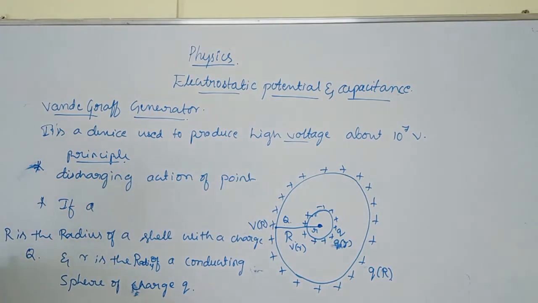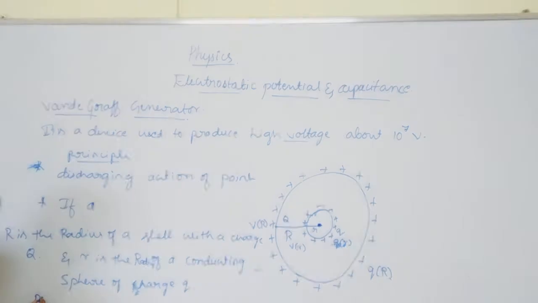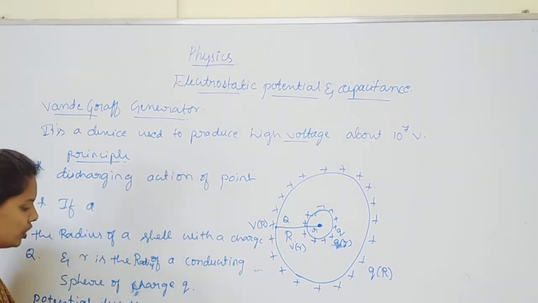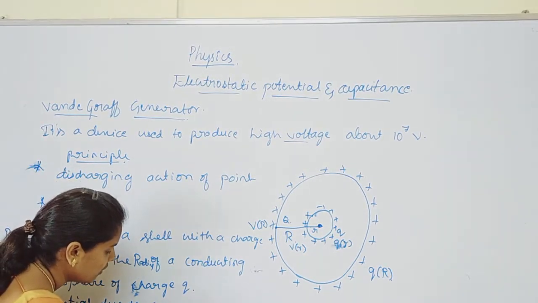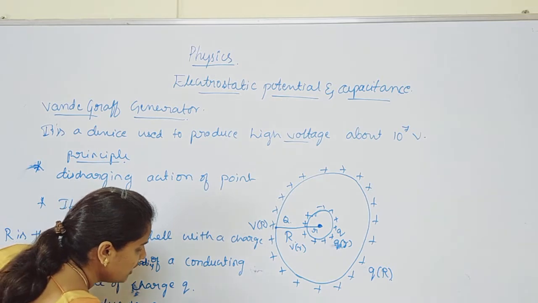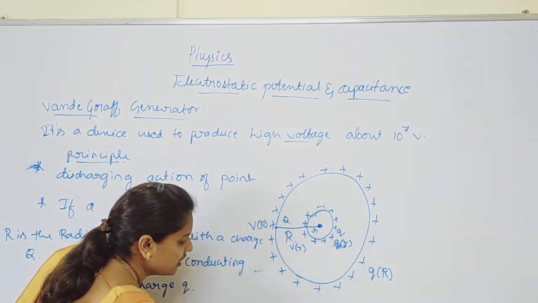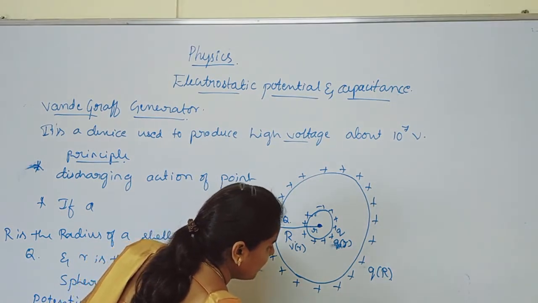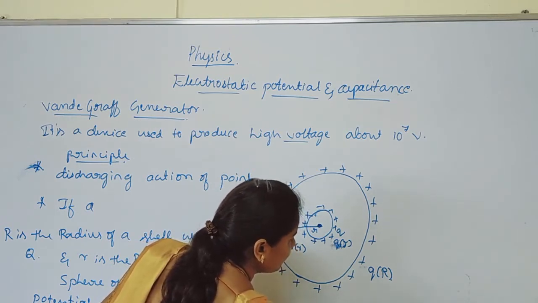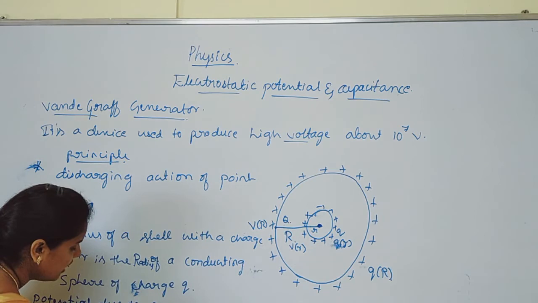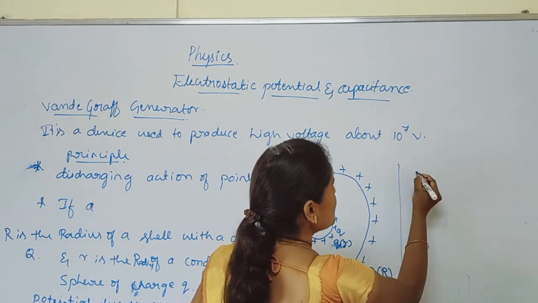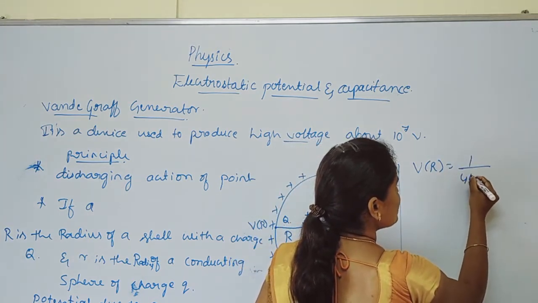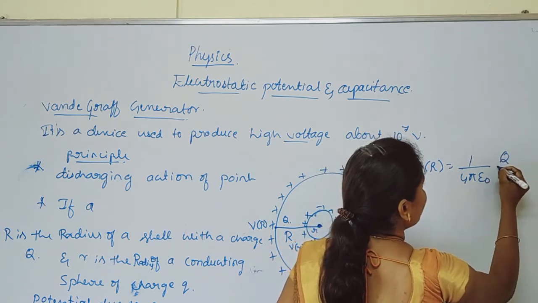Therefore, the potential due to capital Q on the inside and surface of a shell is given by V of R equals 1 over 4 pi epsilon naught Q divided by capital R.